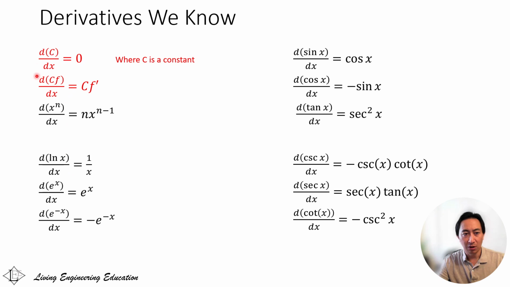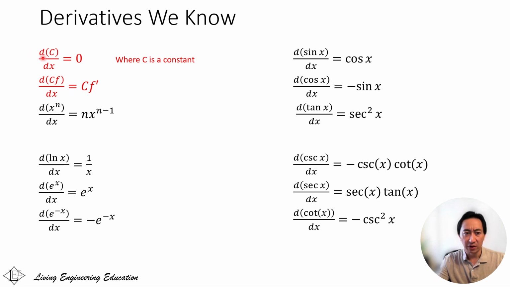Now, in red here, I have not mentioned the derivative of a constant or a constant multiplied by a function yet. So this is specifically for a constant multiplied by a function. Anything other than a constant multiplied by a function, meaning a non-constant function multiplied by another function, we have to use a product rule that we'll look at in a future video. So I just want to fully flesh this out before jumping into our examples.